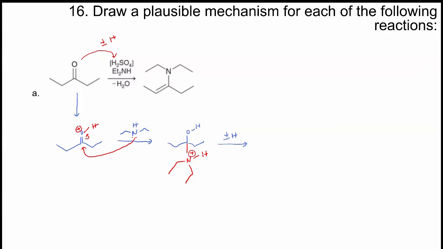So the hydrogen from that nitrogen can shift over to the alcohol. This is positively charged. I still have this nitrogen down here. And then the lone pair from the nitrogen can form a double bond and kick that off.